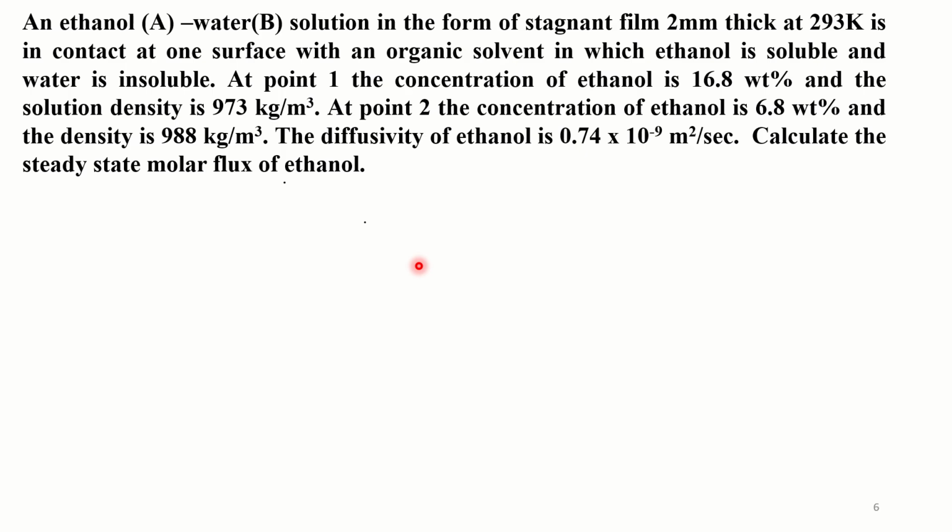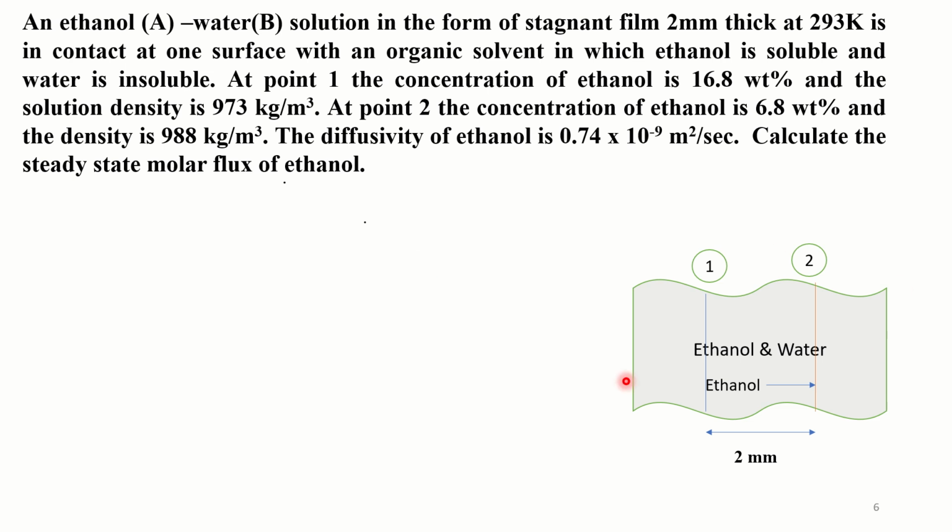Then diffusivity of ethanol, that is also given. So we'll write down all the data given in the problem statement. So in the liquid film, ethanol, water you have. Ethanol is only diffusing and the distance through which diffusion takes place is given as 2 mm. And temperature is 293 Kelvin.